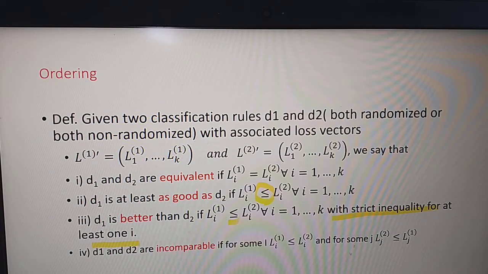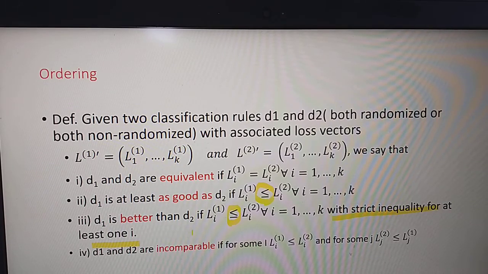So this inequality should be strict for at least one i. In that case, we say that D1 is better than D2. That means D1's loss is smaller than D2's loss. Therefore, D1 is said to be better than D2.